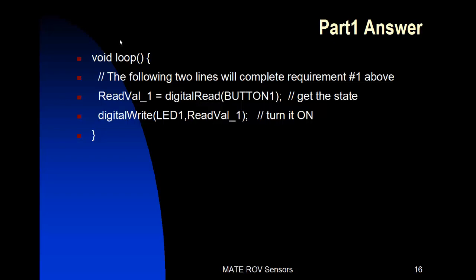So if read val is a 0, the output at the digital write will be a 0 and turn it on. If read val is a 1, the output at digital write will be a 1 and turn it off. So how did you do on that?